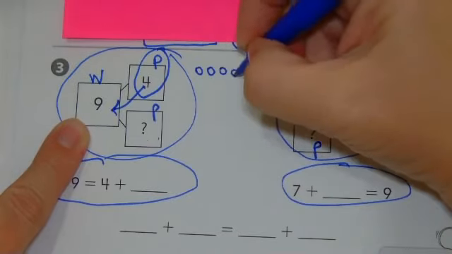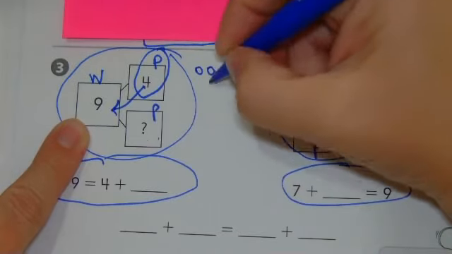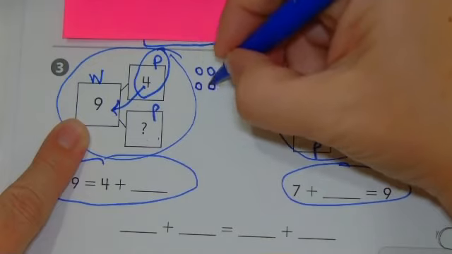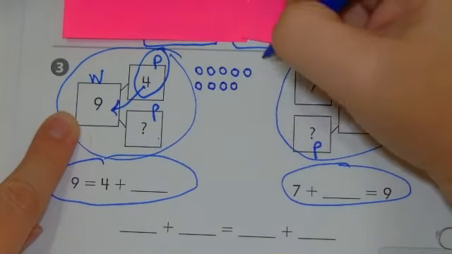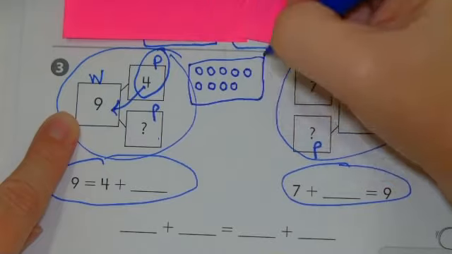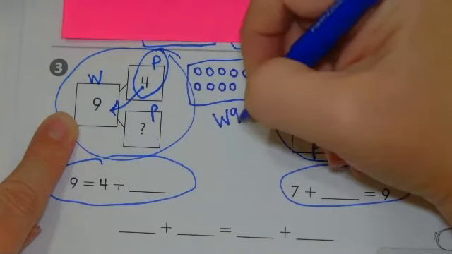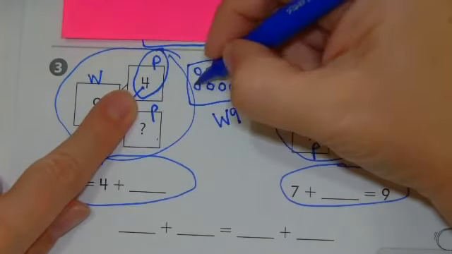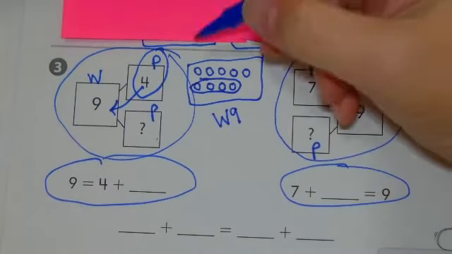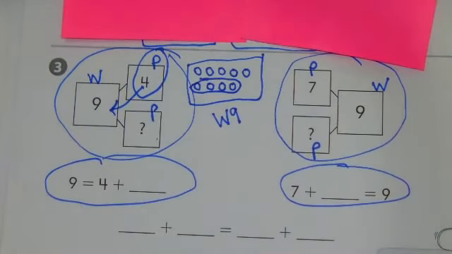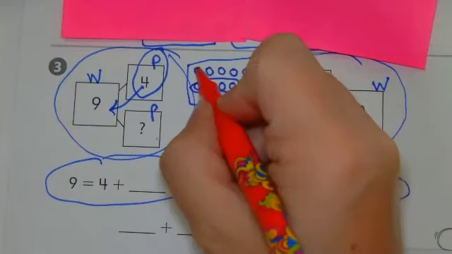1, 2. Remember, every time I write, you write. 3, 4, 5, 6, 7, 8, 9. If 9 is my whole, right, that's all of them together, and 4 is my part, I could circle 4 of them, right?